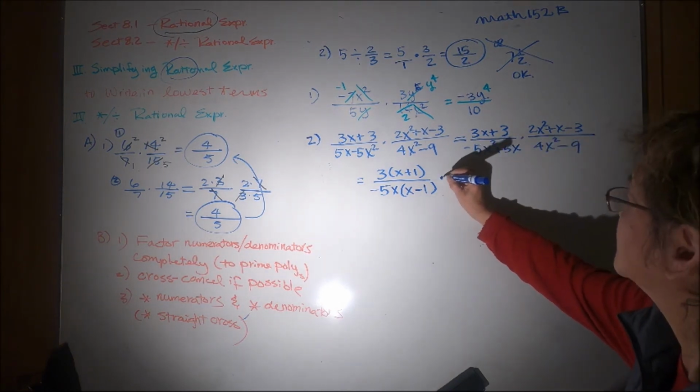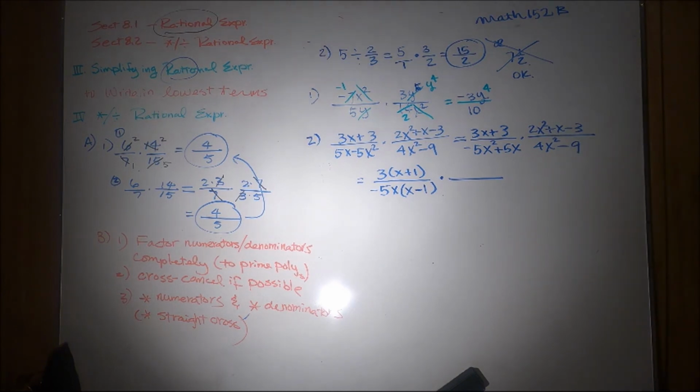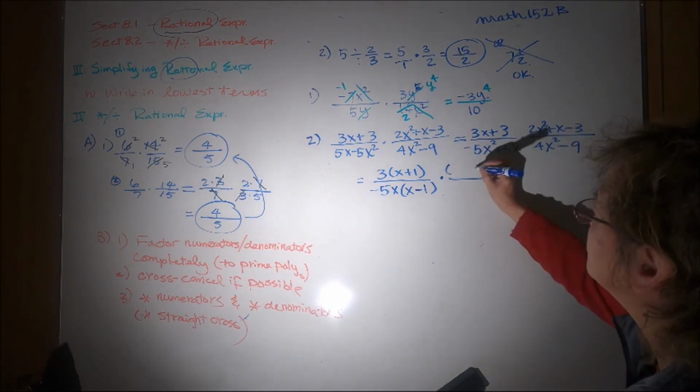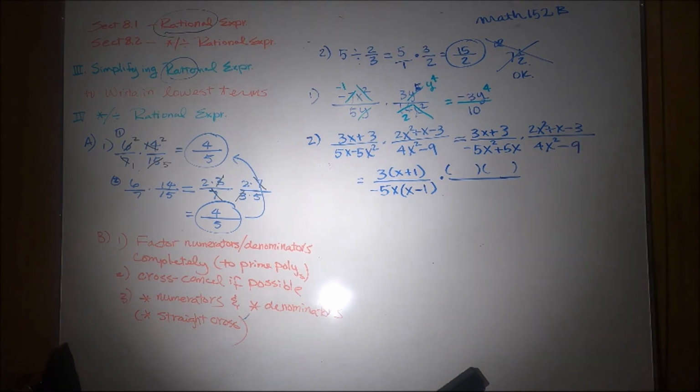Times this one. This is a trinomial, and the leading coefficient is not 1, so what do we need to do? We need to do AC method. You should know AC method by now, right?